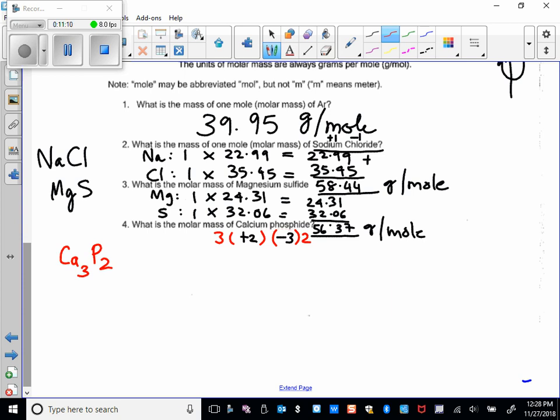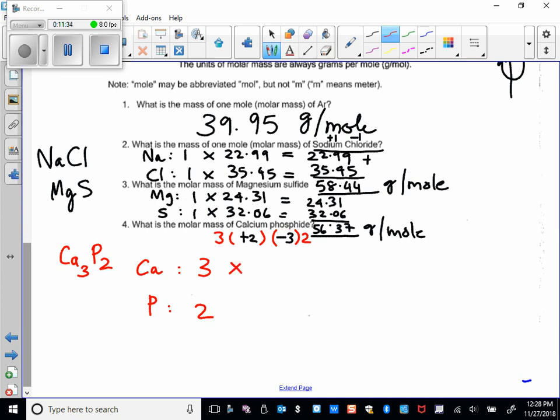All right. So now I'm going to calculate the molar mass. What are the elements that make it? Calcium and phosphorus. How many atoms of calcium do I have? 3. How many atoms of phosphorus do I have? 2. What is my next step?